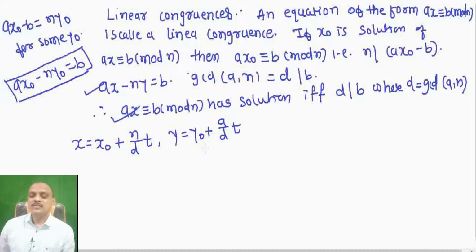In the linear congruence we have a minus sign here, but it already contains a minus sign, and therefore minus minus will be plus in this case. Hence the remaining solutions of these equations are x equals x0 plus n divided by d times t, y equals y0 plus a divided by d times t.